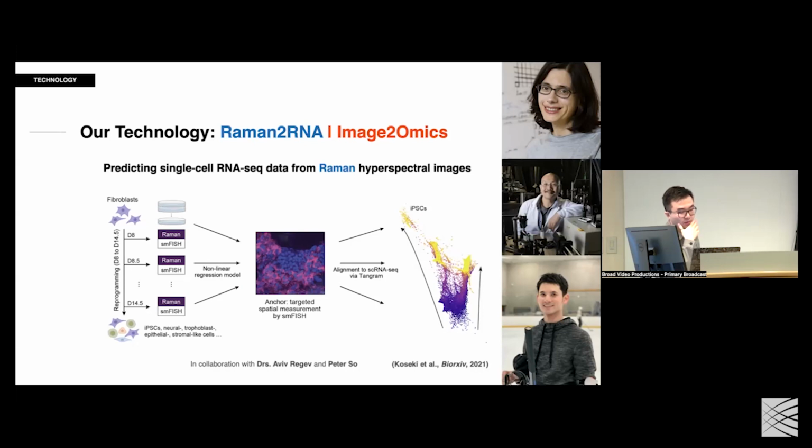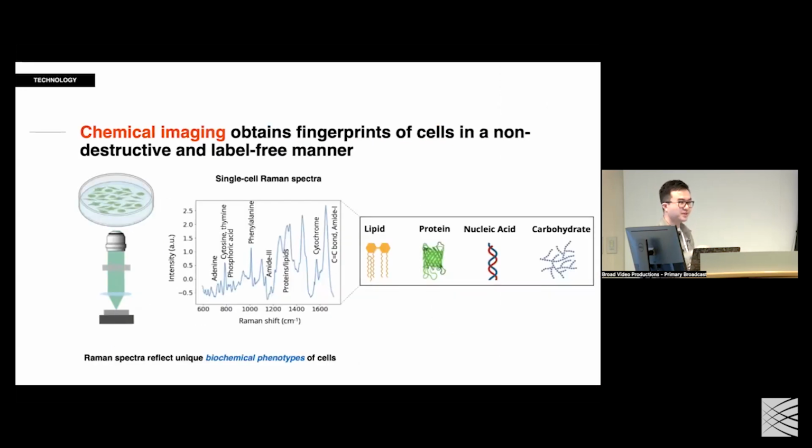We developed this method called Raman to RNA, and this is also a collaboration with Peter So at MIT, because he has a center of all kinds of very advanced imaging instruments. So this one is about how we generate RNA-seq data from Raman microscopy.